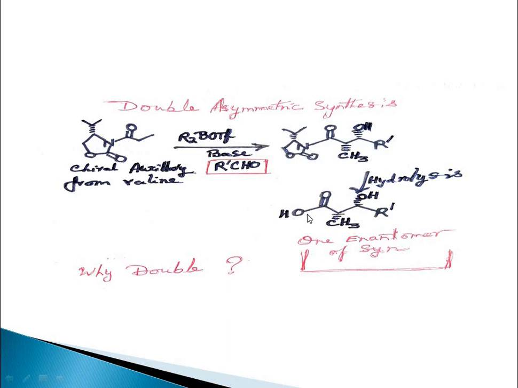So here we get CO, CCH3, CO on hydrolysis. This was removed from here, N, in the form of NH2, and here we get OH at this end, and an H. This is removed on hydrolysis.